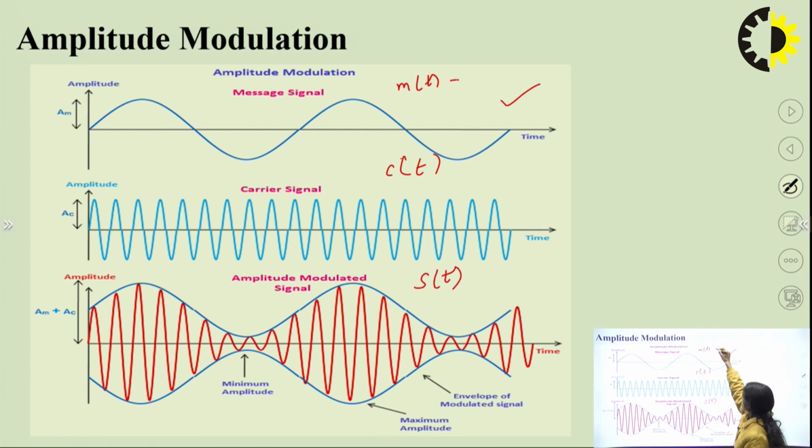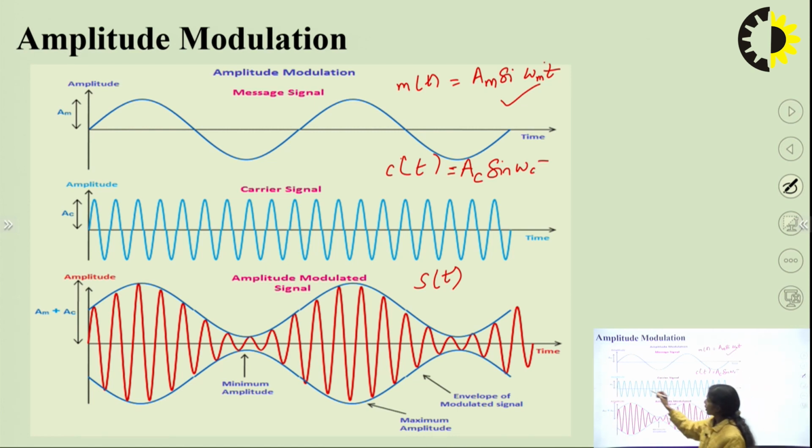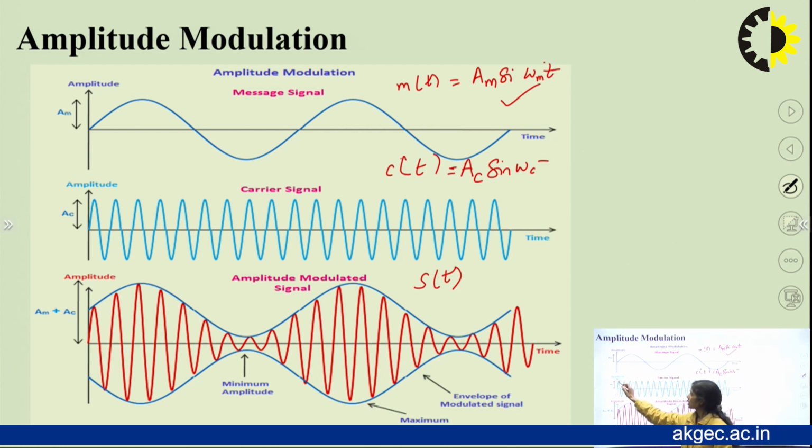I am taking the message signal m(t) as a sinusoidal input, which can be written as Am sin(ωm t). The carrier signal is represented as Ac sin(ωc t), where Am is the message amplitude and Ac is the carrier amplitude. After modulation, we obtain the signal like this.